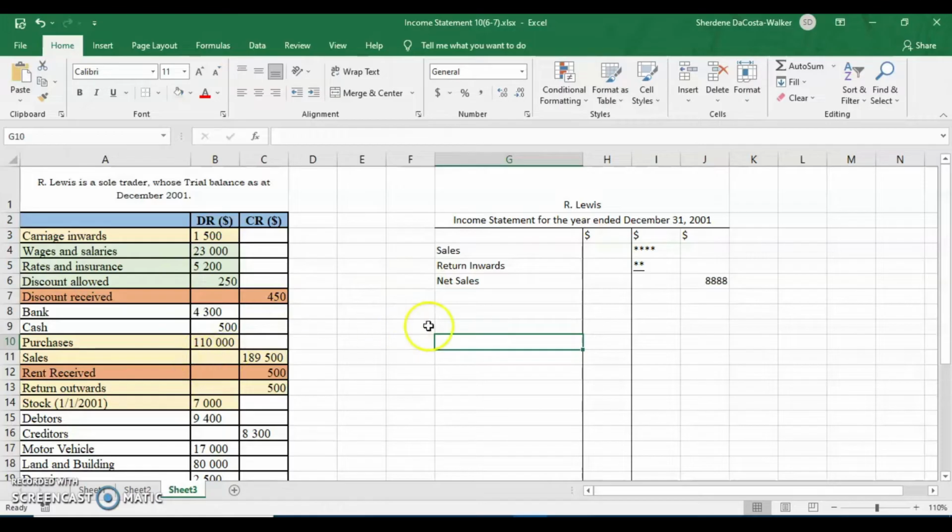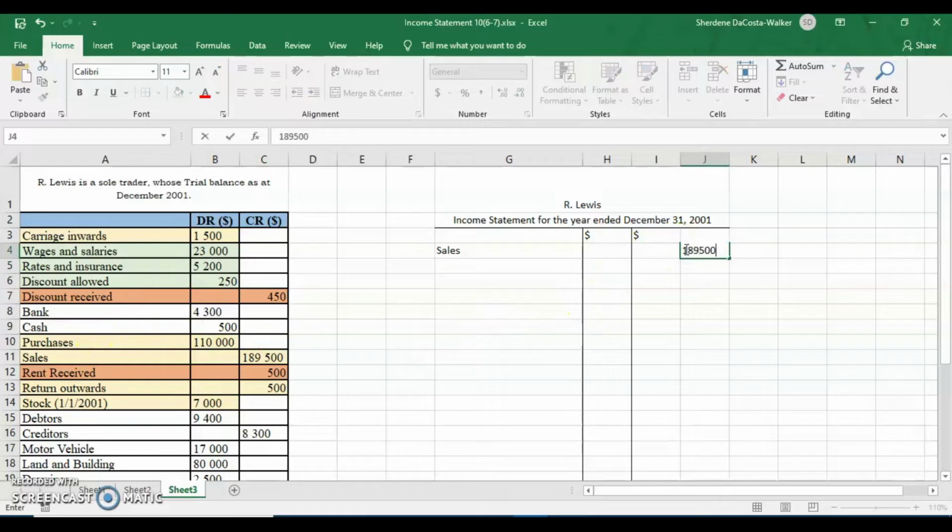But in this question, I do not have any return inwards, and so this is not necessary. It means that my sales figure will have to go to the last column because there's no adjustments that need to be made. So I'm just going to remove this, remove that, and we're going to just take our sales figure, put it in. Alright, so I have my sales figure in.